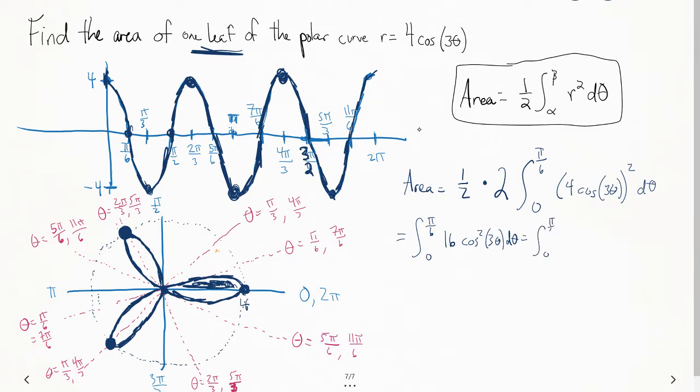This is 0 to pi over 6. We can write this as 16 times 1/2 times 1 plus cosine. Usually you double that angle, so instead of 3 theta, we're going to have 6 theta. And then we toss in d theta.